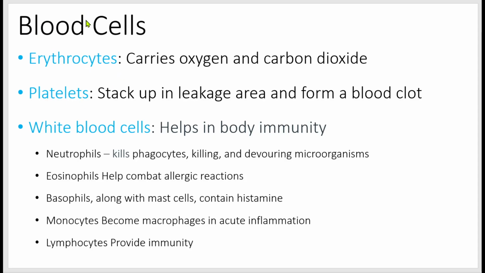But here, the blood cells. So you have erythrocytes, which are technically the red blood cells. These are the ones that carry the oxygen and the carbon dioxide. Platelets, and these are the ones that would prevent the blood from leaking and form a blood clot. And then the white blood cells that help in the body immunity.